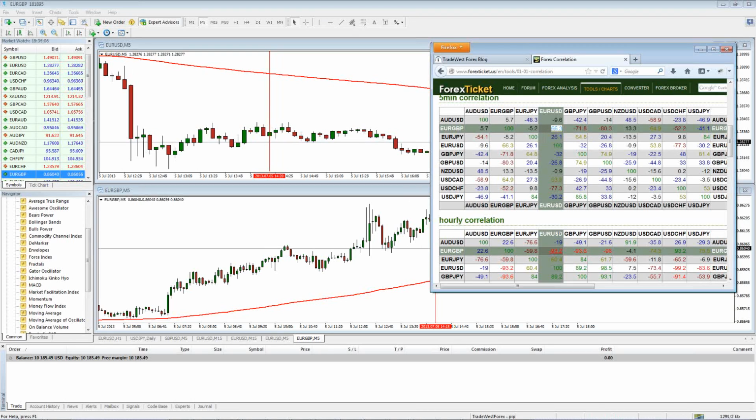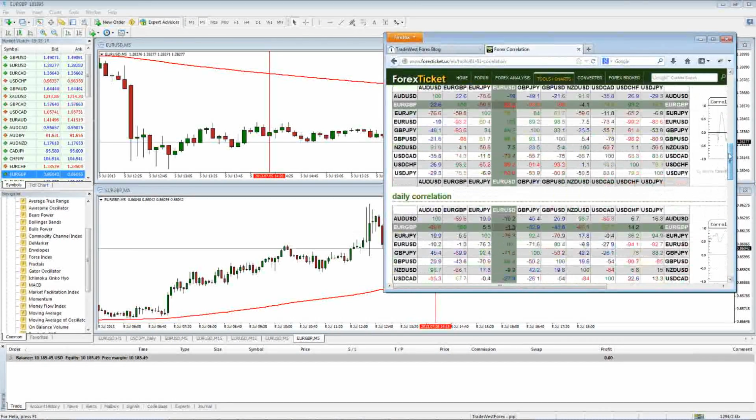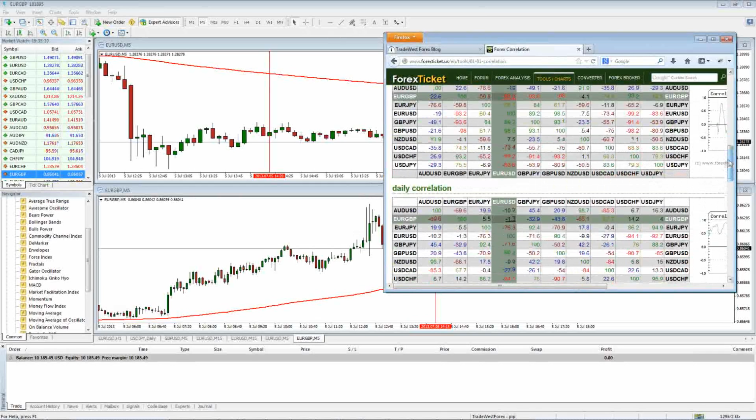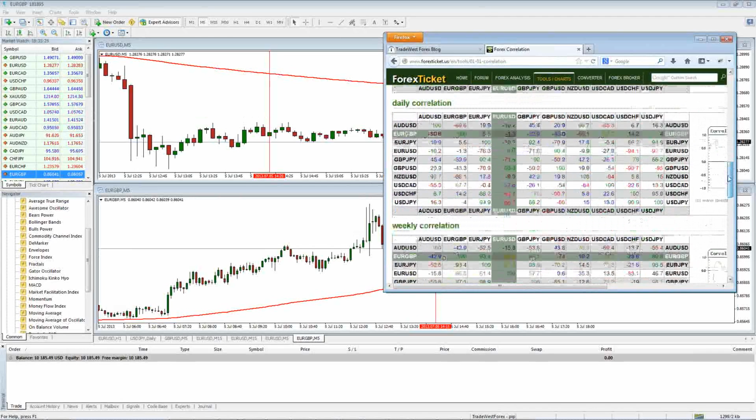It's falling and heading back towards the negative number off the hourly. Now, some of these pairs, if you don't have that long-term negative or positive correlation, which this one really doesn't, the daily says they're pretty much random, moving from each other. It's not going to be as effective.